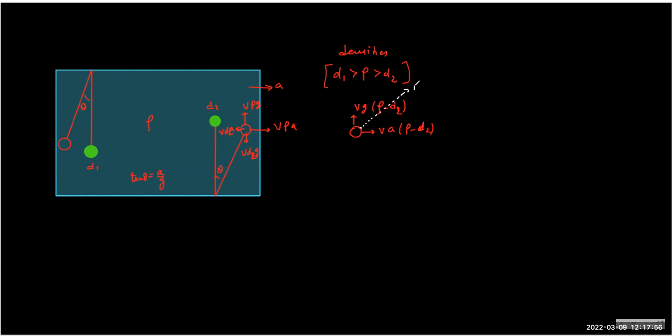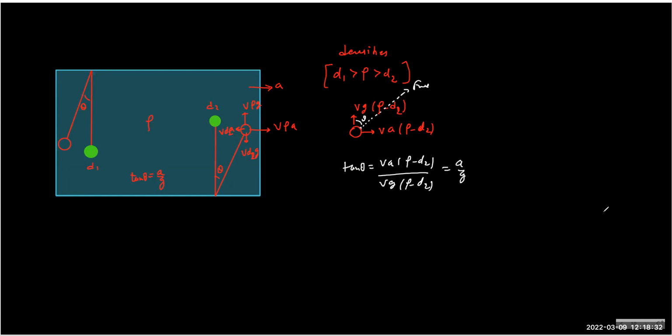If I say this angle is theta, you can write tan theta equals V a (rho minus d2) upon V g (rho minus d2), and you can see that density and volume don't matter. So this is eventually a by g. Is this clear? Okay.